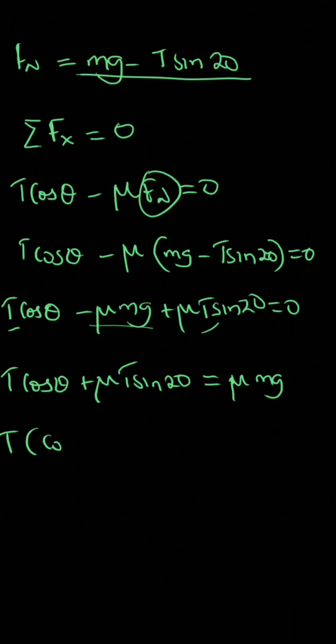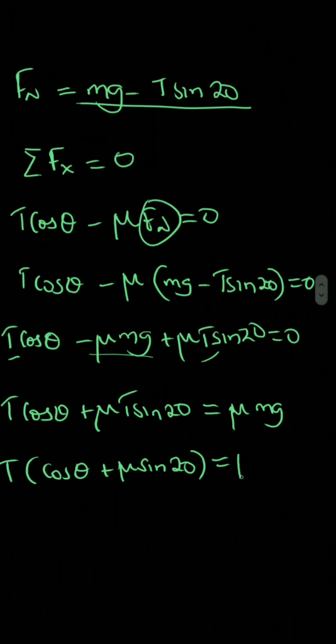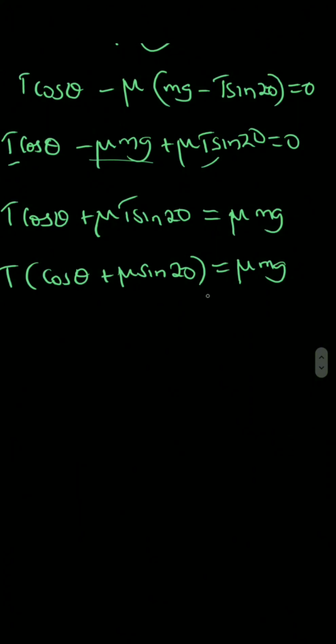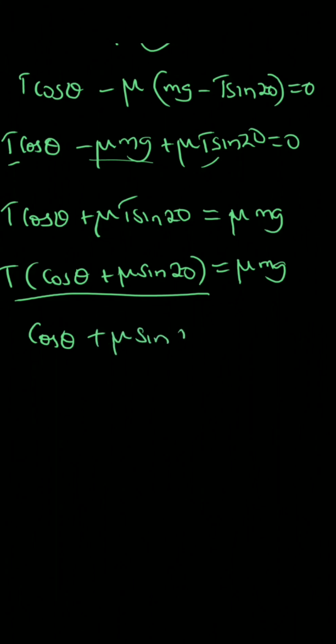Okay, now here we can factorize T such that we remain with cos theta plus mu sine theta, which is just the same as 20 there, then equal to mu mg. I'm going to divide both sides by cos theta plus mu sine 20 so that we remain with the tension force that I'm looking for.